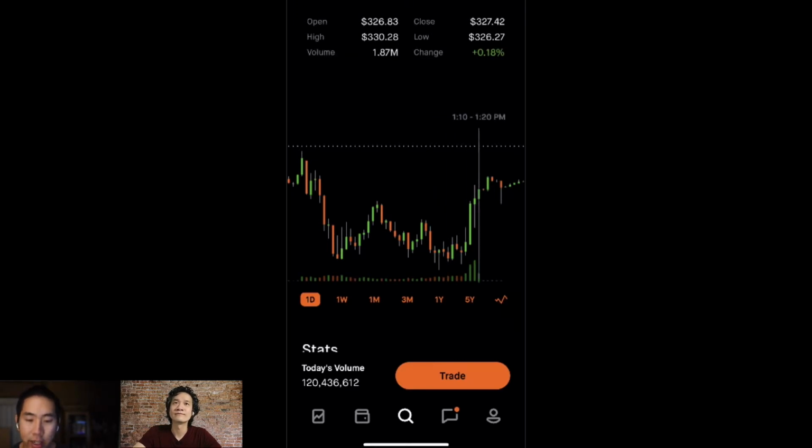And you can go into this and see here's how many buyers drove the price up, at the high of 330, and how many sellers there were that drove the price down to 326 or so.